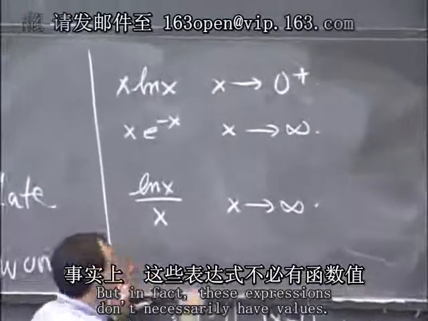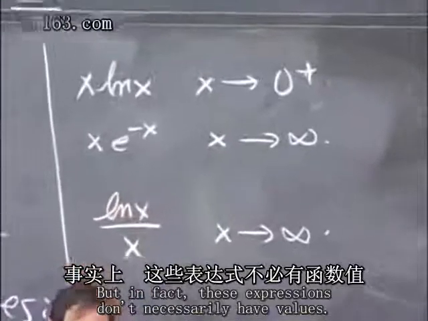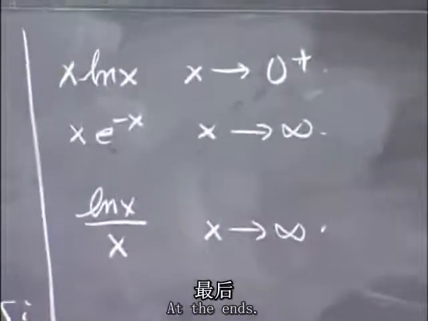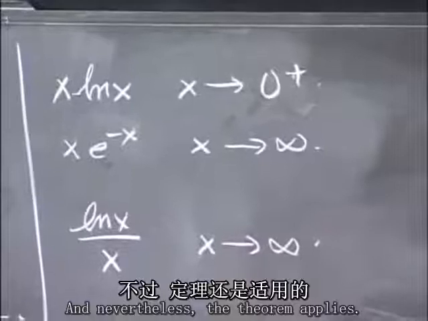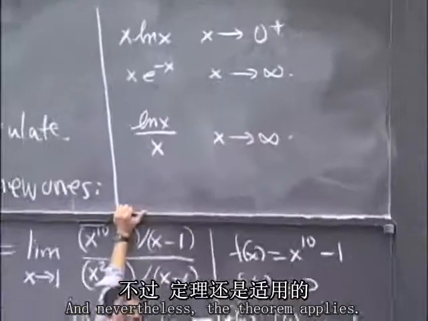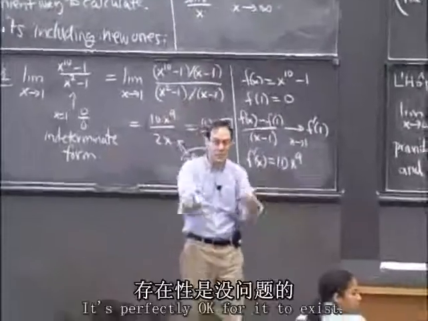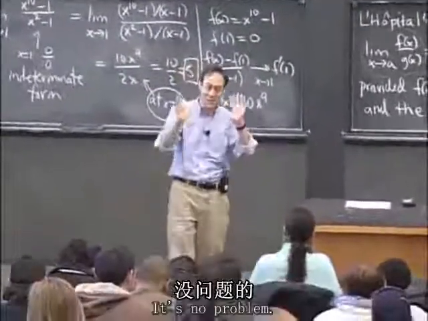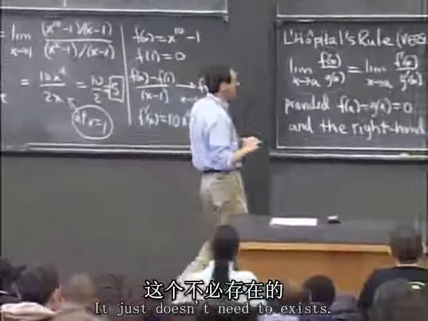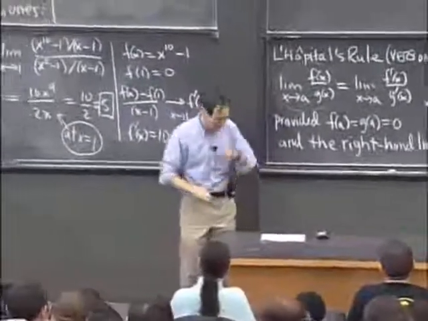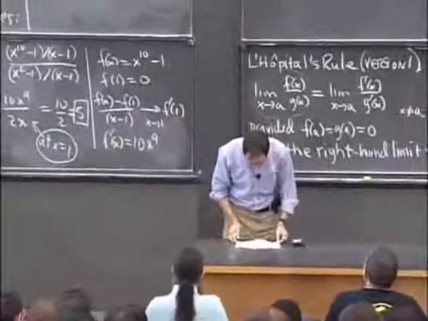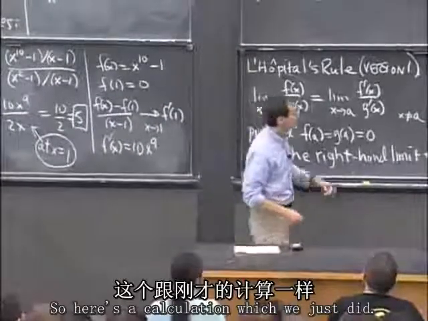But in fact, these expressions don't necessarily have values at the ends. And nevertheless, the theorem applies. It's perfectly okay for it to exist. It's no problem. It just doesn't need to exist. It doesn't force it to exist. All right?